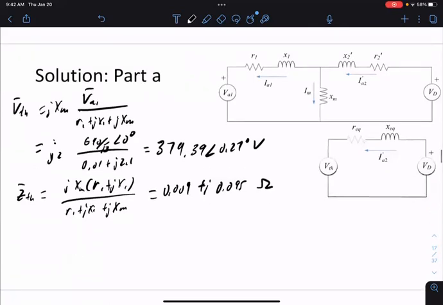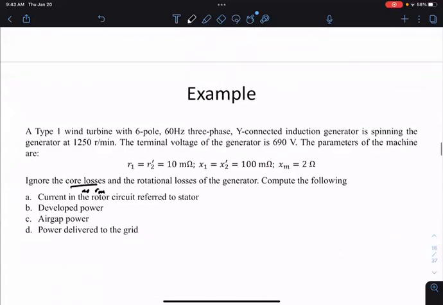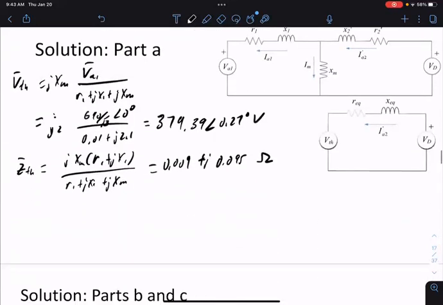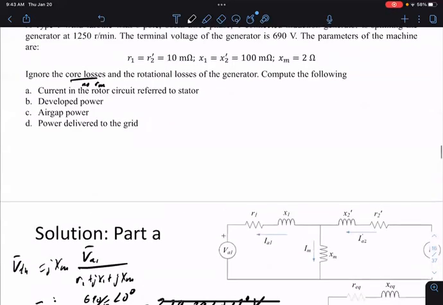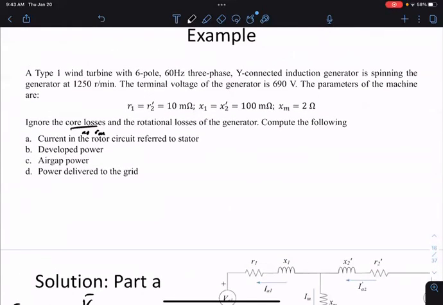After doing the Thevenin equivalent computation, we'll find the slip, so that will give us a current. Slip here is (NS minus N) over NS. N is 1250. The synchronous speed will be 1200 RPM.